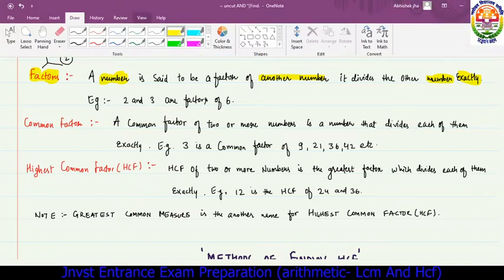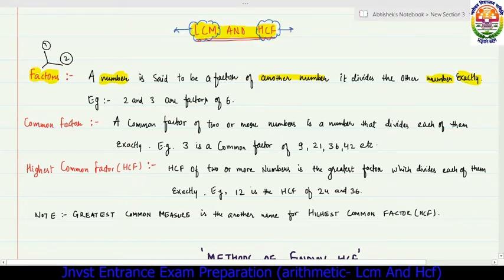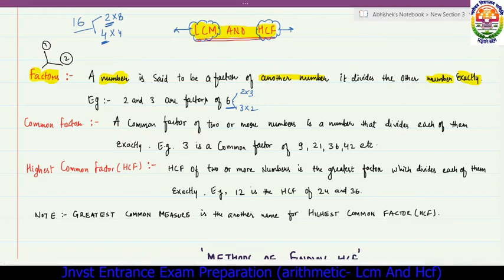For example, if I write 16, then 2 and 4 are factors of 16, because 2 eights are 16 and 4 fours are 16. Another example: 2 and 3 are the factors of 6, because 2 threes are 6 and 3 twos are 6. Clear?